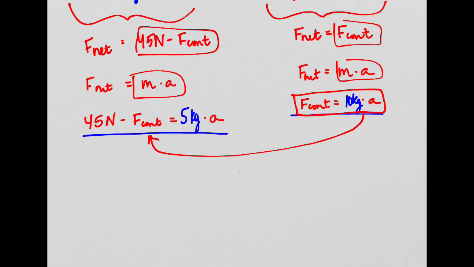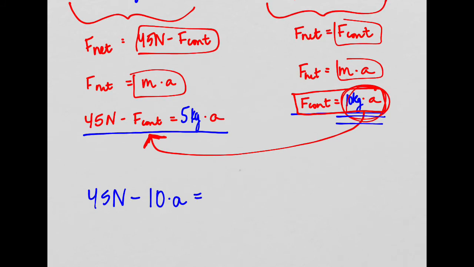If I take this value and plug it in for F contact over here, I will get 45 newtons minus this, which is, I can just write 10. I'm going to stop writing units because it can get a little confusing. So 10 times A is equal to 5 times A.